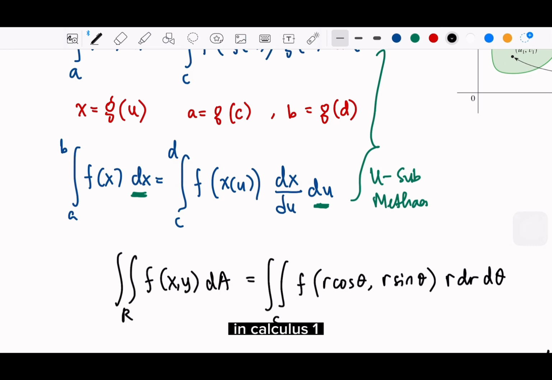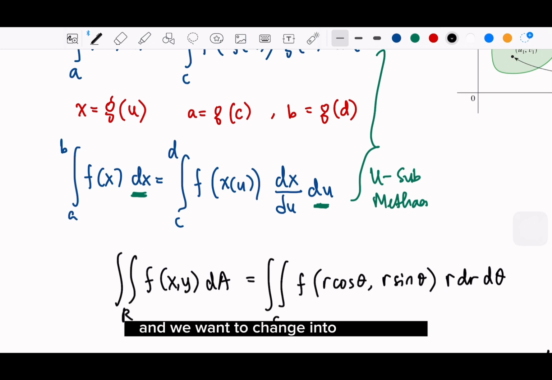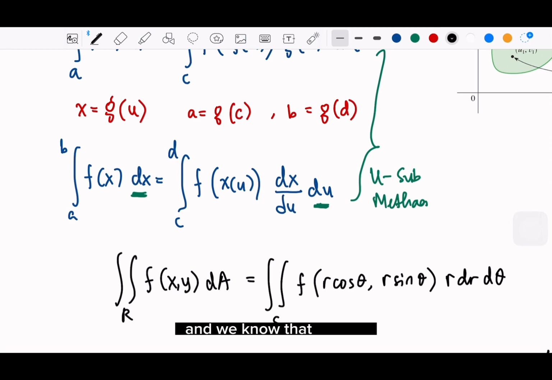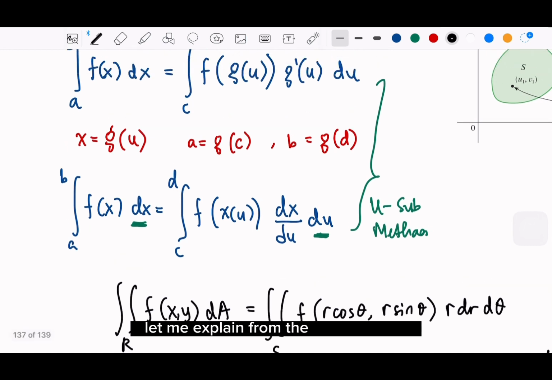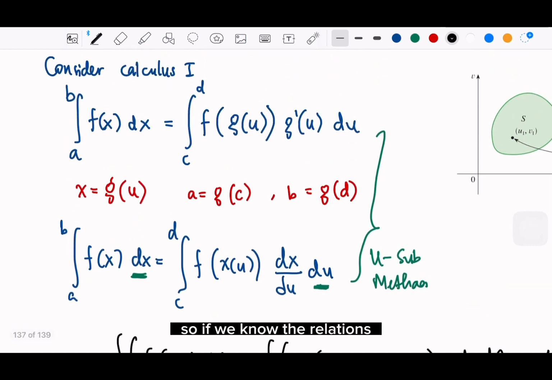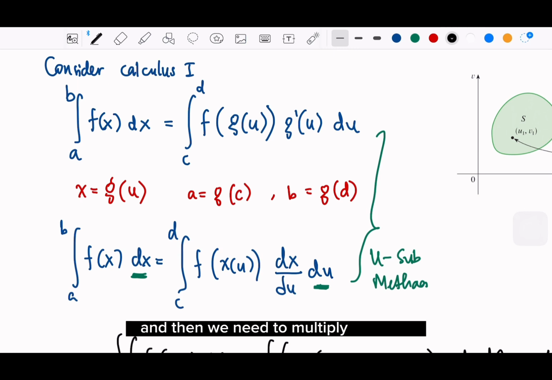In calculus 1, we see the relations when x we want to change into variable u. Maybe this will be easier to explain from the first one here. If x is another function of variable u, then we need to multiply with this. So our concern is: is there any method to find this multiplier?